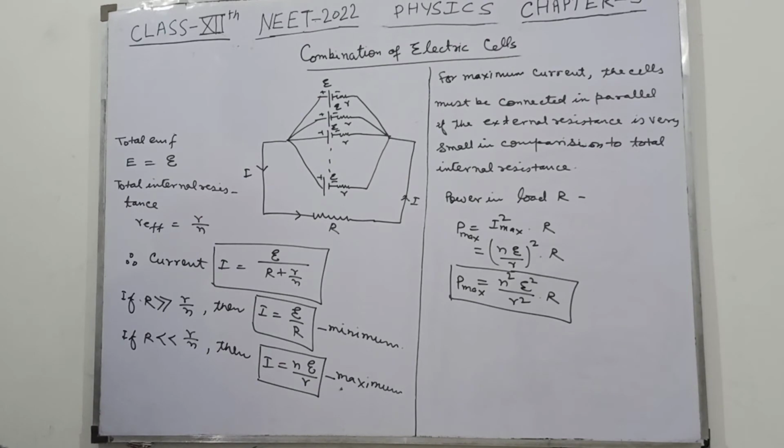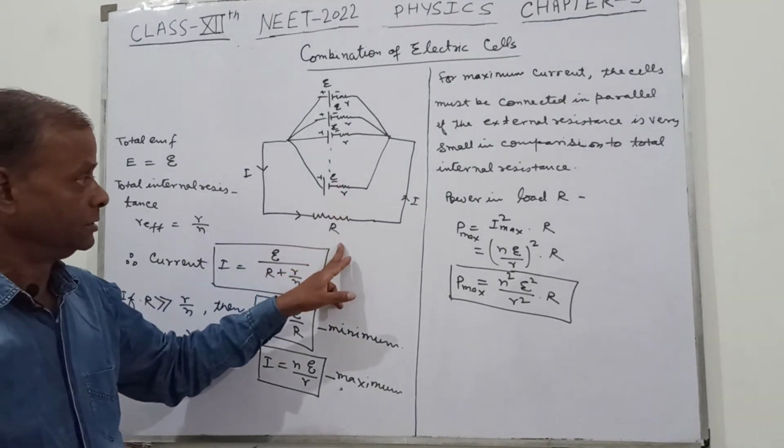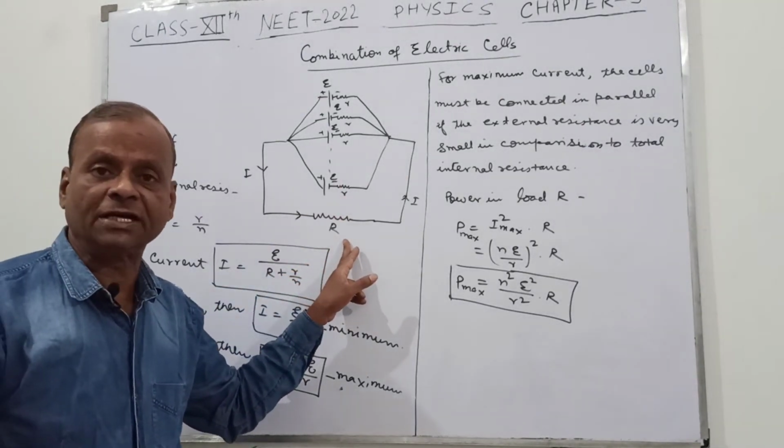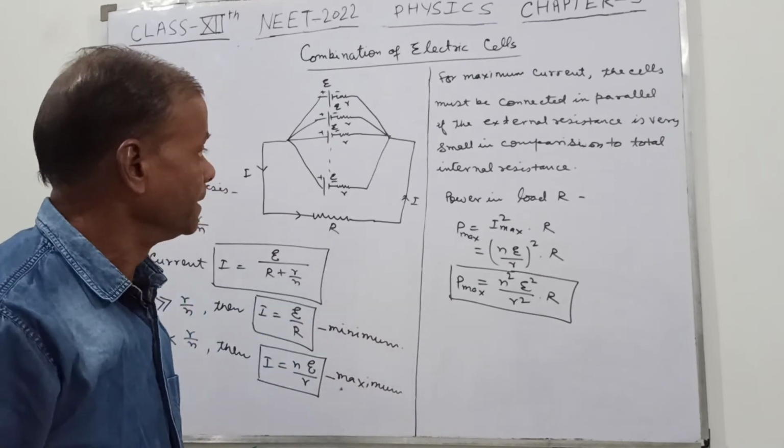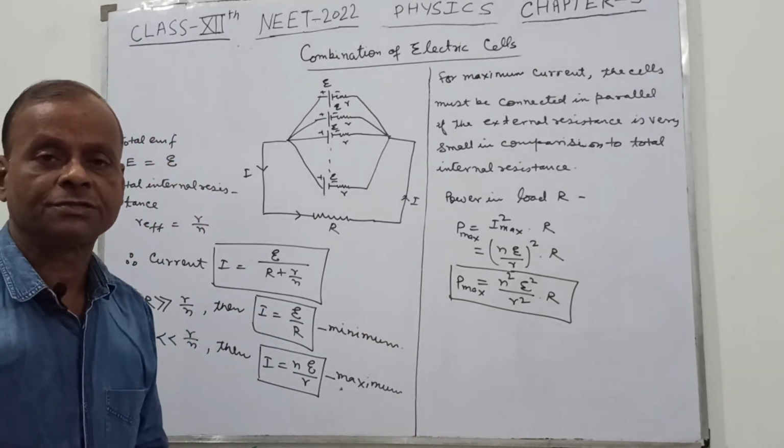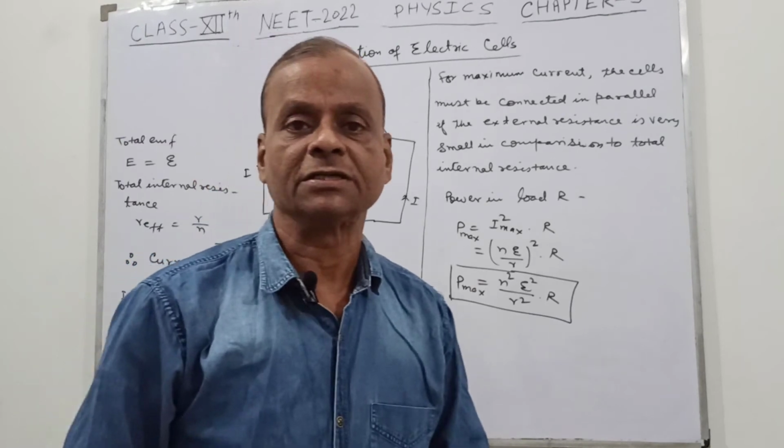So this is the power in the load, where load means the external resistance R. So this is about the parallel combination of the cells.